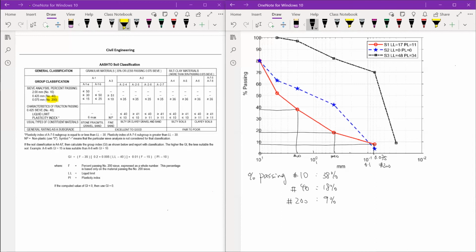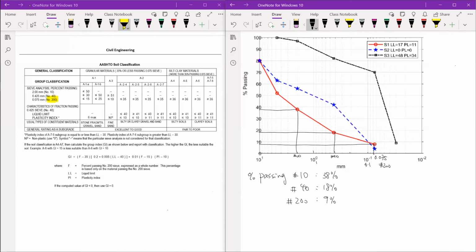So with these 3 readings, we check our AASHTO manual for the case of a number less than number 9, which is pretty much all of them except those fine-grained silt clay materials.